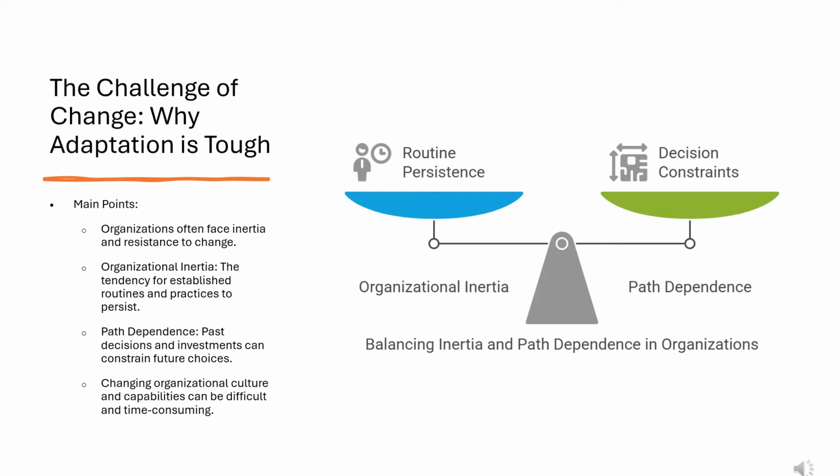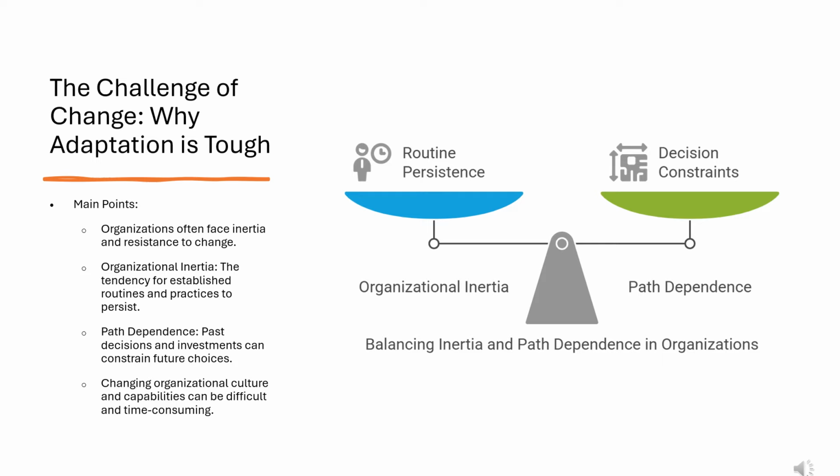This slide discusses the challenges that organizations often face when trying to adapt to industrial evolution and implement strategic change. It introduces the concept of organizational inertia, which refers to the tendency of established organizational routines, structures, and practices to persist over time, making it difficult to embrace change.